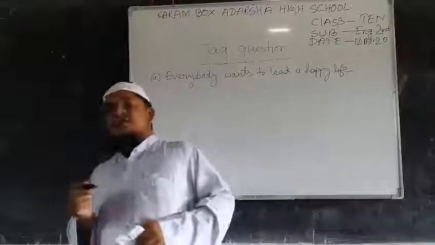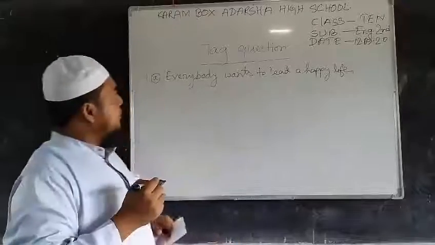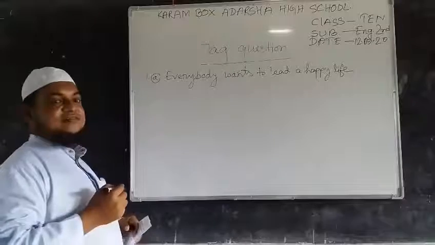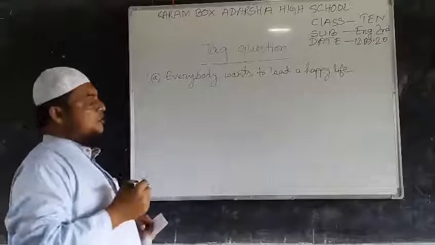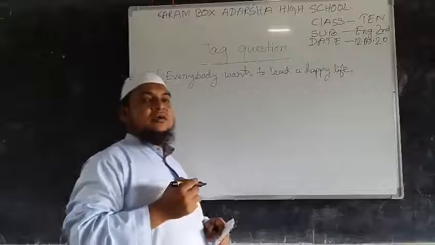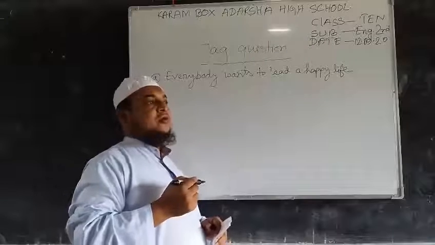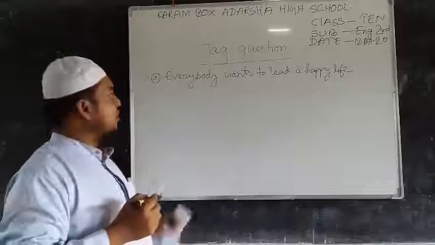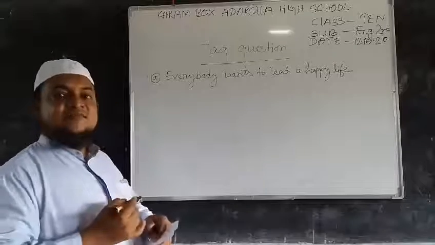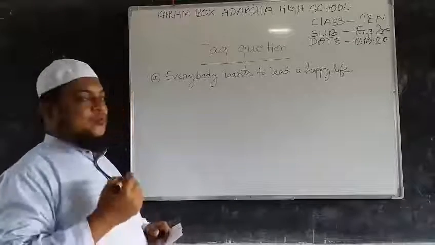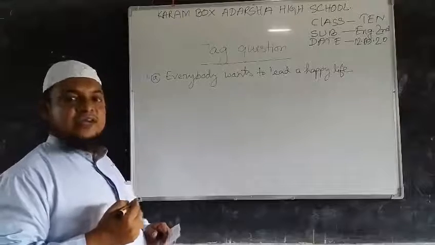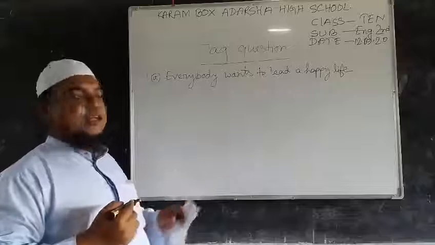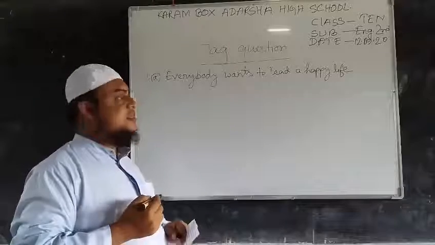If the auxiliary verb is absent in the sentence, we bring helping verb do, does, did according to the rule. If the sentence is present tense, we bring do or does, and we bring did if the sentence is past indefinite.